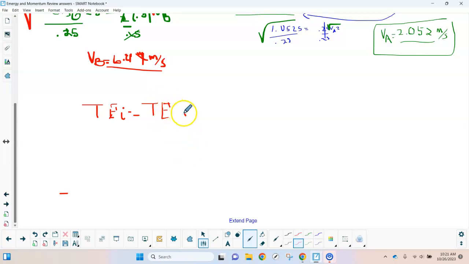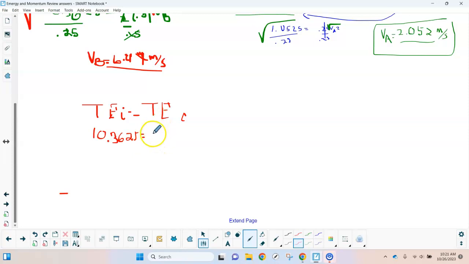I just have to speak slower to make the writing catch up. So again, it's that 10.3625. That is the energy that it has in the very initial point where it's at, I'm sorry, it's 2 meters and moving at 1.5 meters per second.